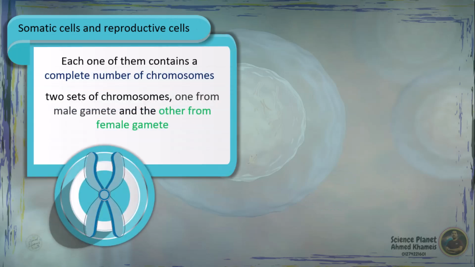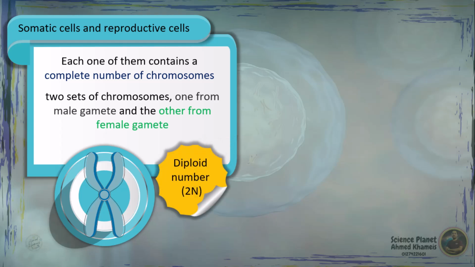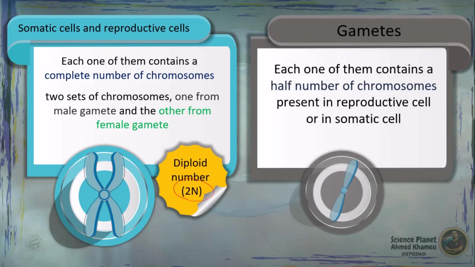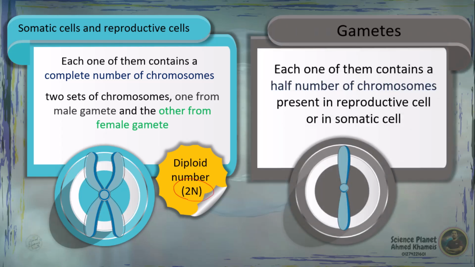So the somatic cells each contain a complete number of chromosomes, two sets of chromosomes. One you get from the male gametes and the other from the female gametes. And we call the somatic cells diploid. So they have 2n, the complete number of chromosomes. But the gametes each contain half the number of chromosomes present in the somatic cell.